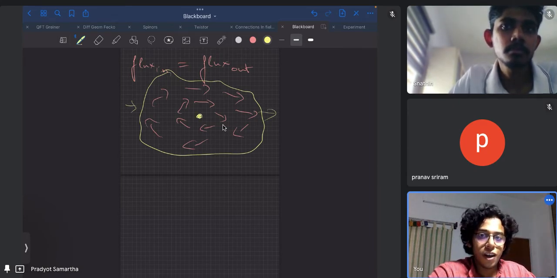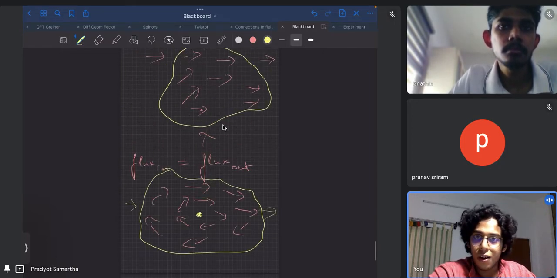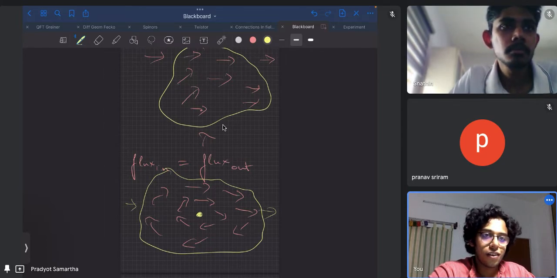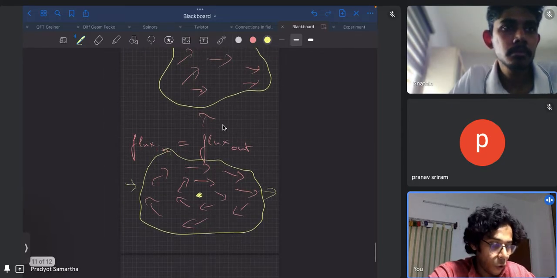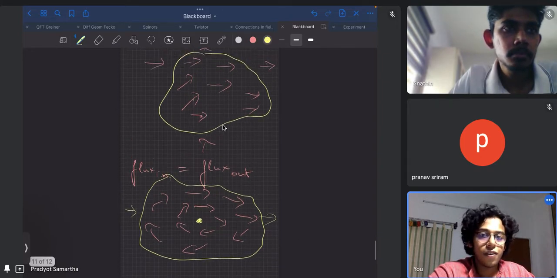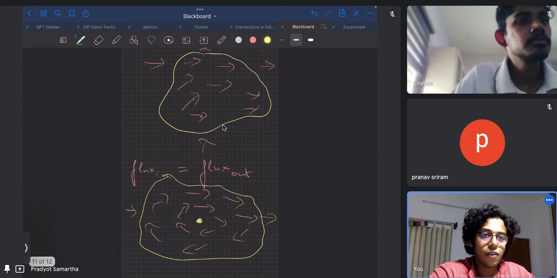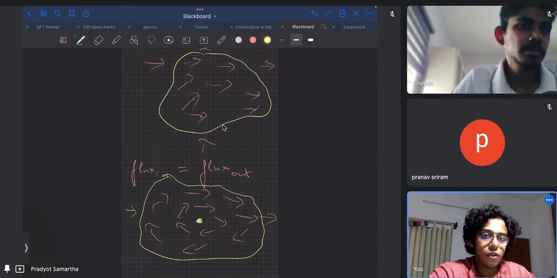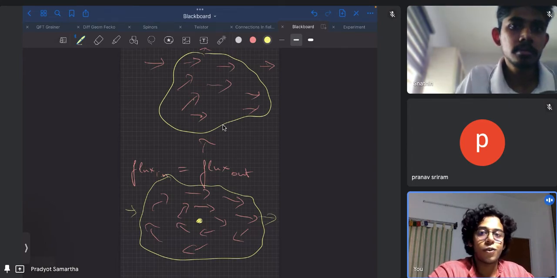So if you apply the case of electromagnetism here and look at these arrows as indicating the electromagnetic field, what do you see here? How do you identify this particular singularity? Look at the arrows.